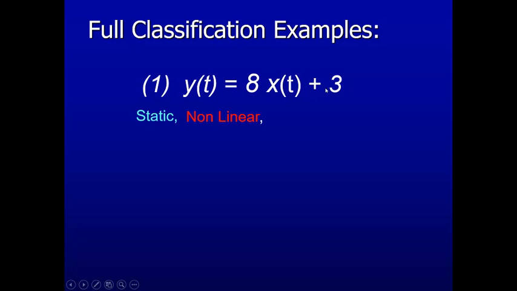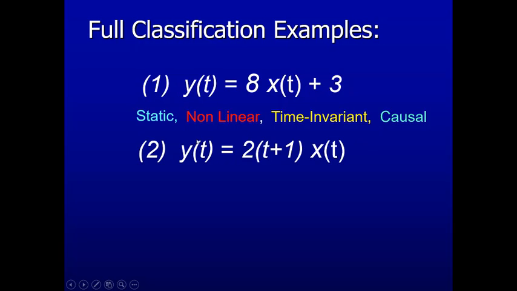No functions of time, no time compressions, so it's okay that way. It's time invariant. And is it causal or not? Well, no t plus anything on the x side here, no time compressions or expansions, so this is actually okay as a causal system. So this is a nonlinear, static, time invariant causal system.